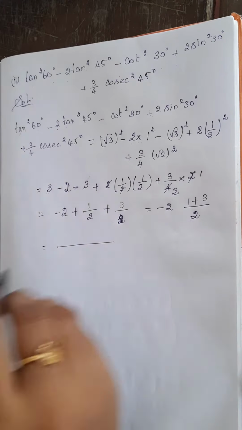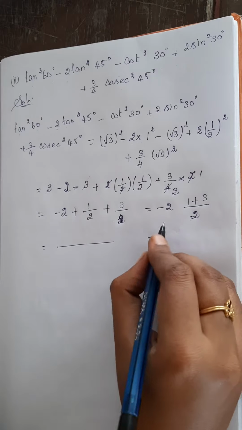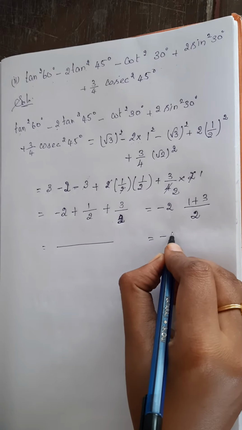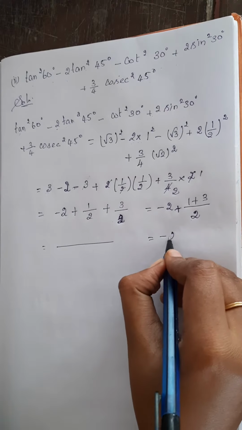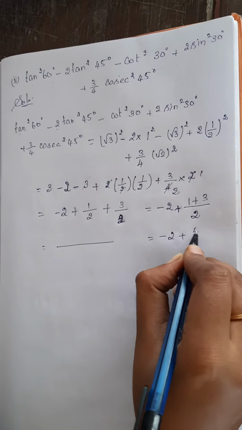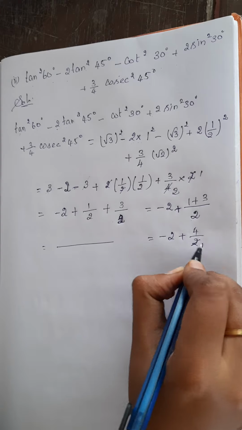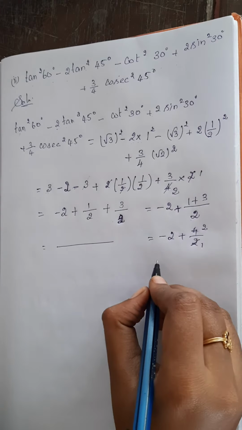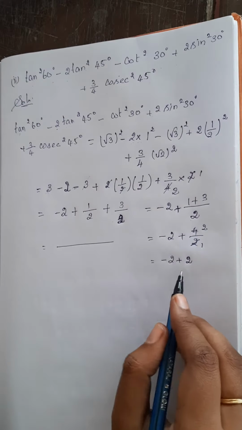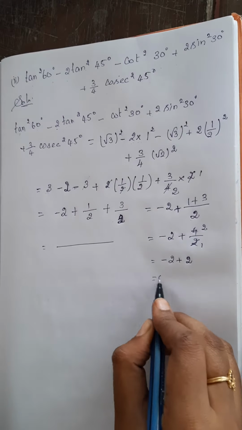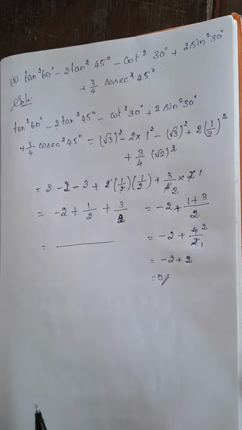Common denominator 2. That is equal to minus 2 plus 4 by 2. Cancel it 2 times. That is equal to minus 2 plus 2. So minus 2 plus 2, the value is 0. This is your answer. Okay.